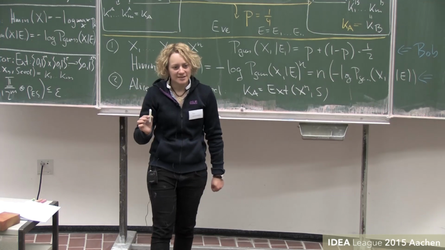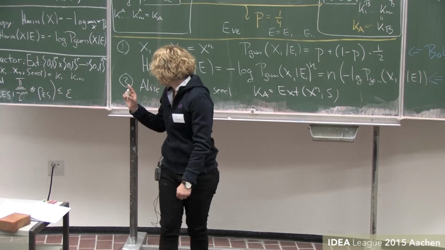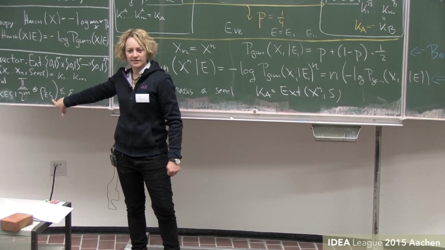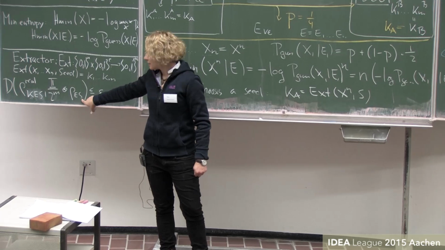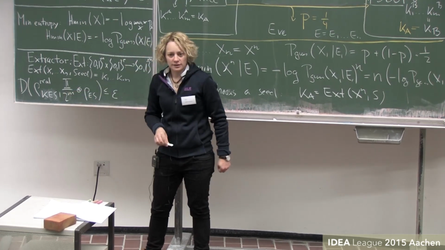Remember from last time that these extractors, or strong extractors, had this property that even if I give you the seed S, nevertheless the output will be uniform and uncorrelated.